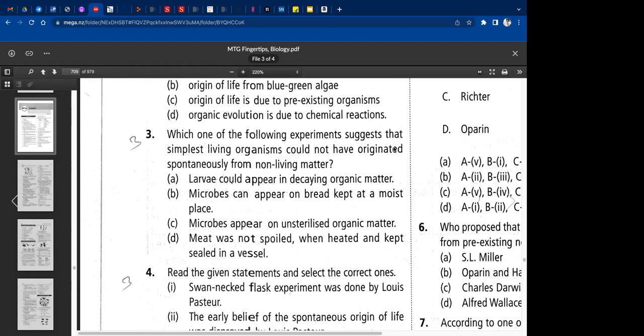All these options are very confusing, and all these options make sense, but you have to give the answer for the question that is asked. The question is, which of these four will you do to prove someone that life cannot originate spontaneously from non-living matter?